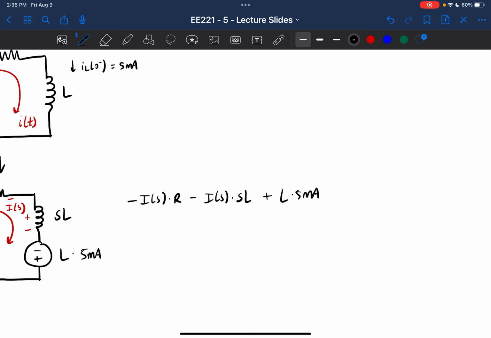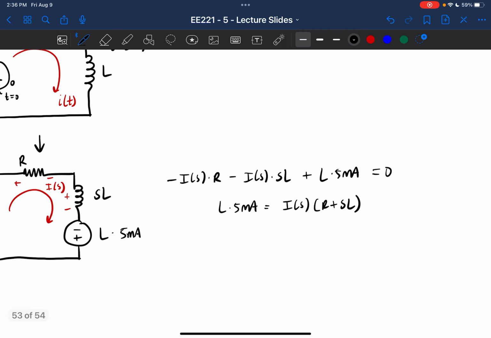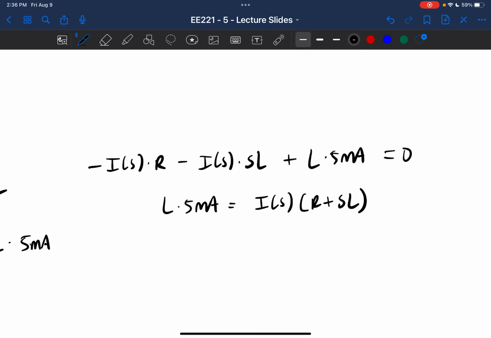And so we can say that that's equal to 0. We can keep the L times 5 milliamps on one side and add the other two terms over. So we're going to get I of S multiplied by R plus SL here. Yeah, this looks right. And so now I can isolate I of S.